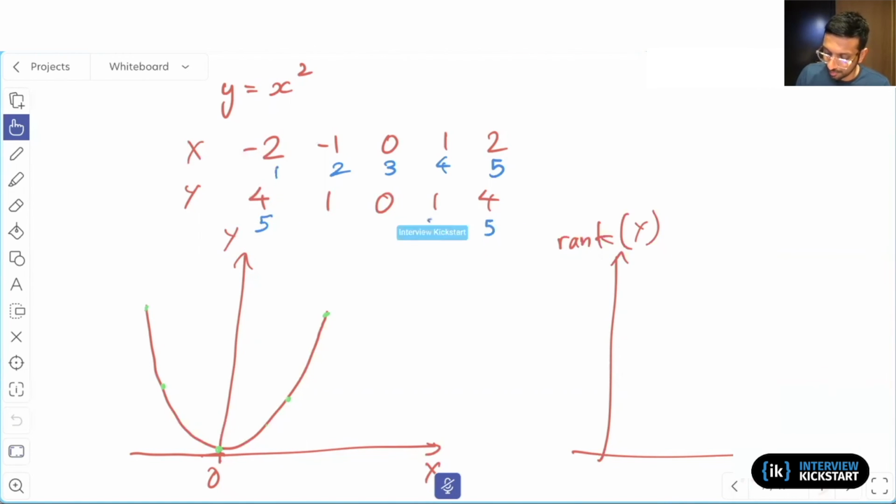These are going to have the same rank, so 3 and 3, and then 1. So what our rank of y versus rank of x is going to look like is a point at 1, 5, then a point at 2, 3, a point at 3, 1, then 4, 3, and then 5, 5.